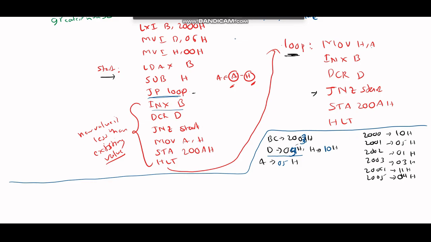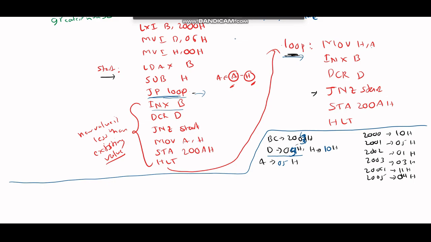When we reach 04, we see that we've loaded the value 11H into the accumulator. We subtract 11H minus 10H. Obviously the result is going to be positive, which means the program is going to jump to this particular loop here.